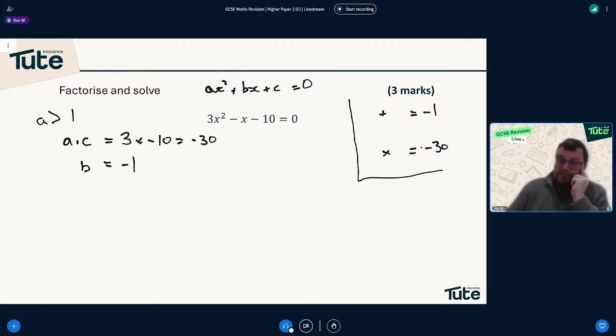So I'm thinking of two numbers that multiply to give me 30, but there's a gap of 1 between them. And the numbers I'm thinking of are 5 and 6. Now, one of them has to be negative, and the biggest one has to be negative because the sum has to be negative 1. So I'm going to go for 5, negative 6.